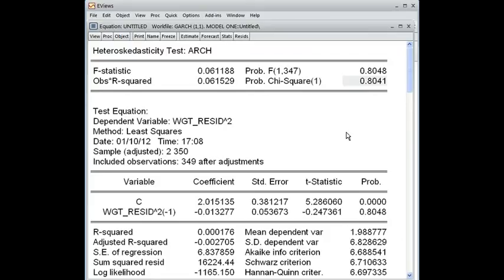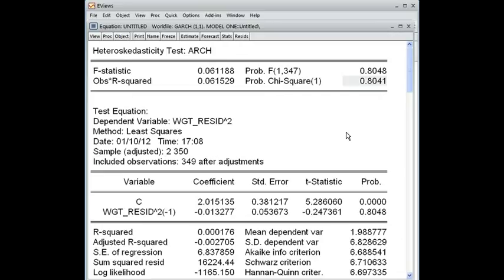What is the guideline? The guideline is that if the p-value is more than 5%, we cannot reject the null hypothesis. Rather, we accept the null hypothesis. And here, what is our null hypothesis?